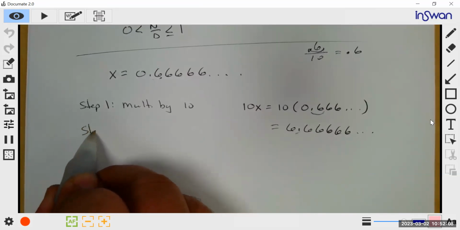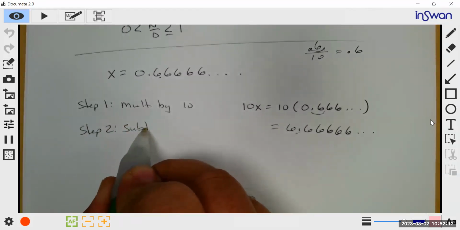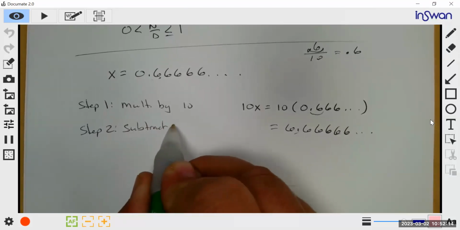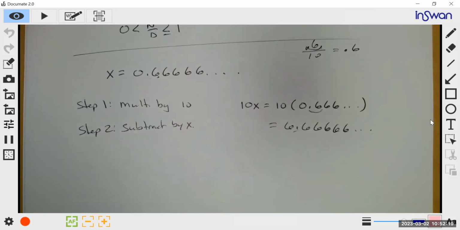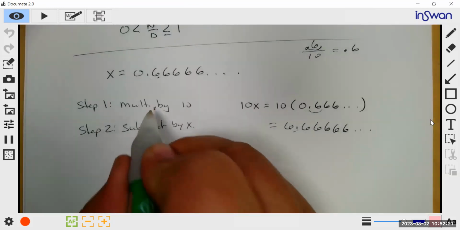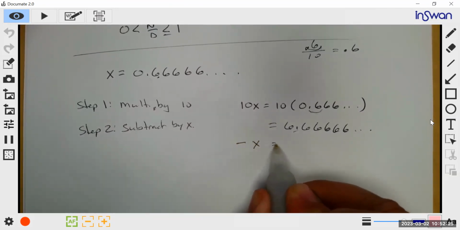Step 2. Subtract by x. Multiply x by 10. So here I subtract by x. What is x?